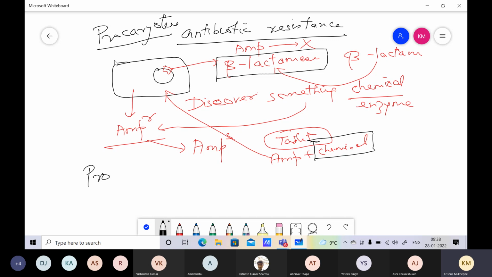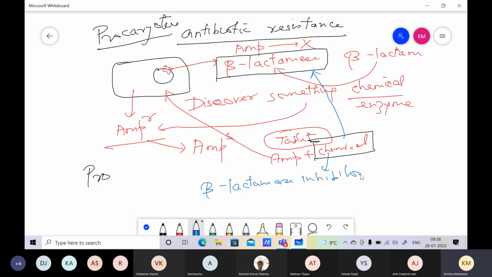So now I am going to talk only of the actual prokaryote. This is ampicillin resistant because it is producing beta-lactamase. So this chemical, it becomes very obvious, should be a beta-lactamase inhibitor. Understand?